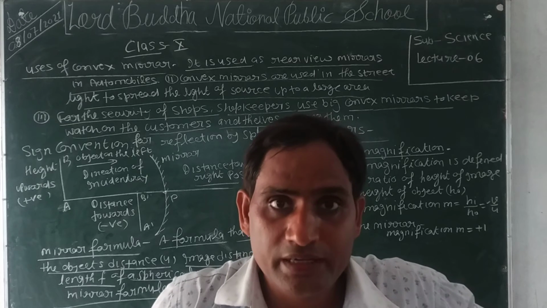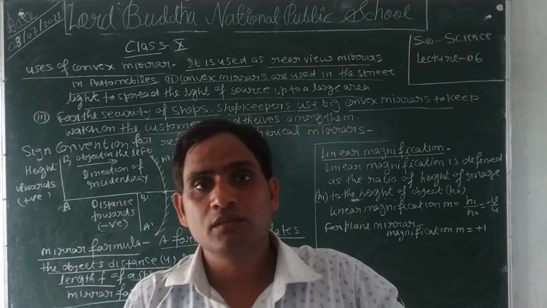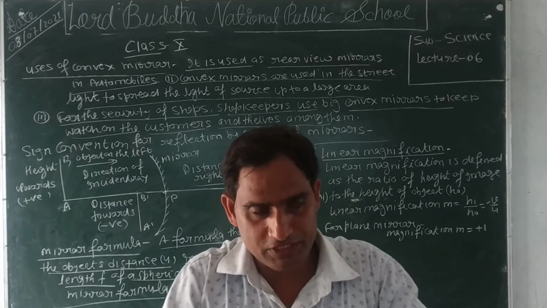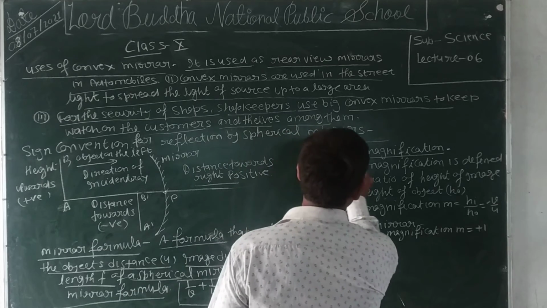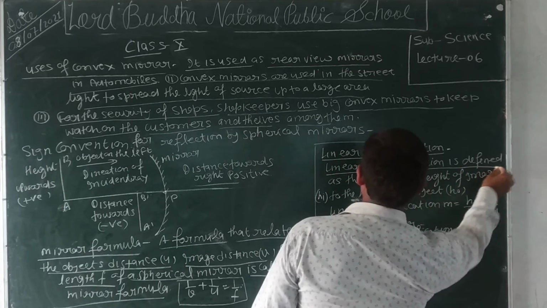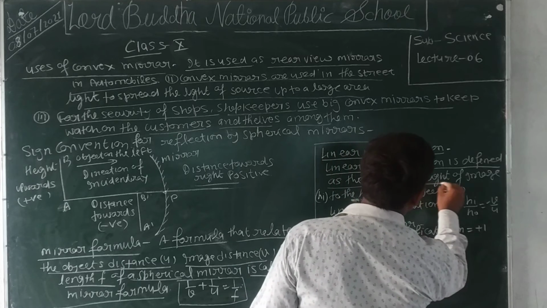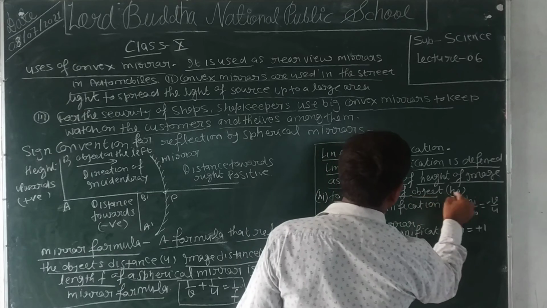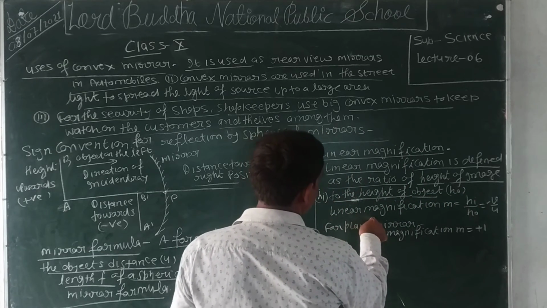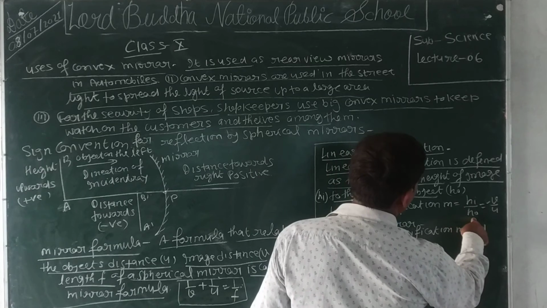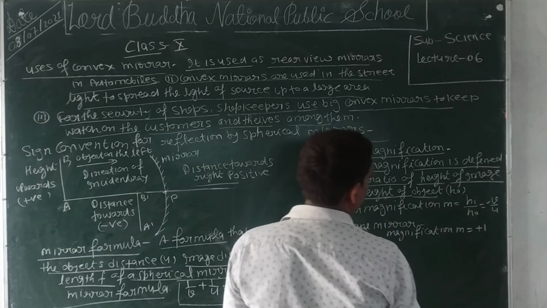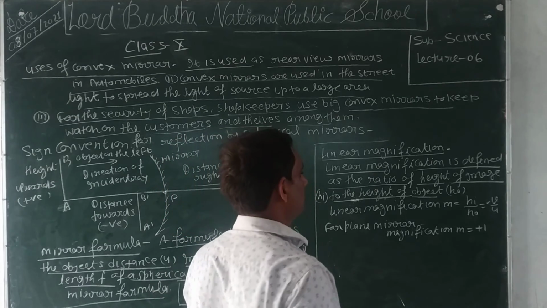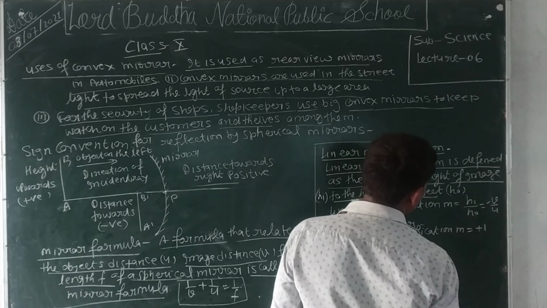It is defined as the ratio of the height of the image h_i to the height of the object h_o. Linear magnification m equal to h_i upon h_o. In terms of image distance and object distance, it is minus v upon u.